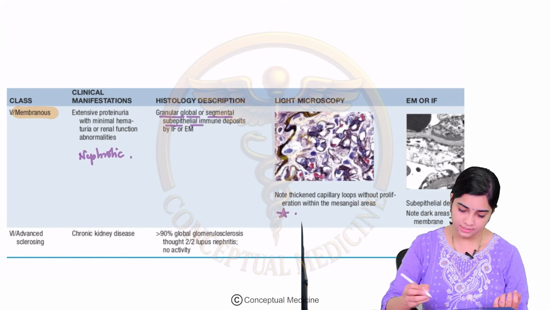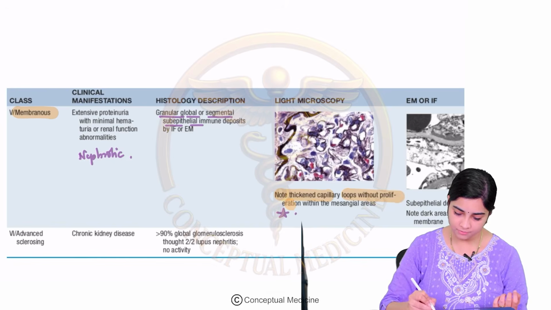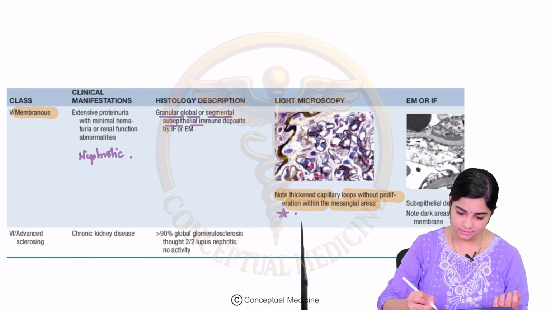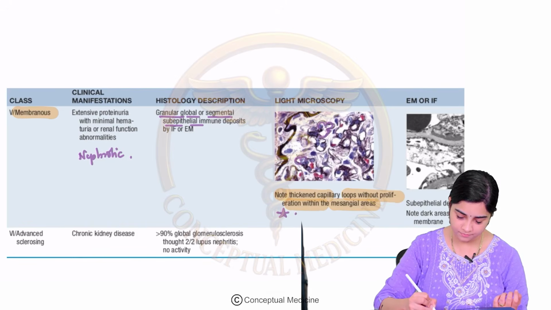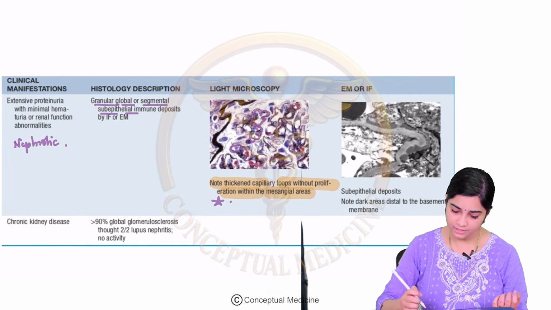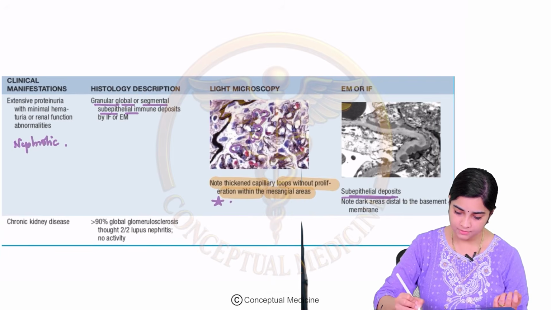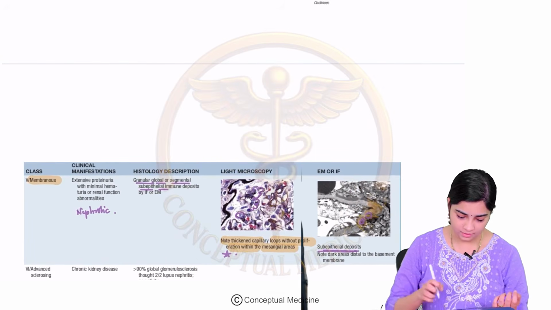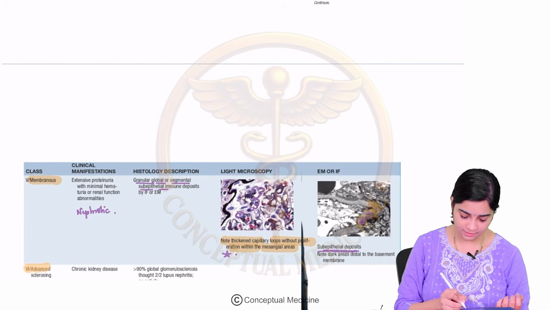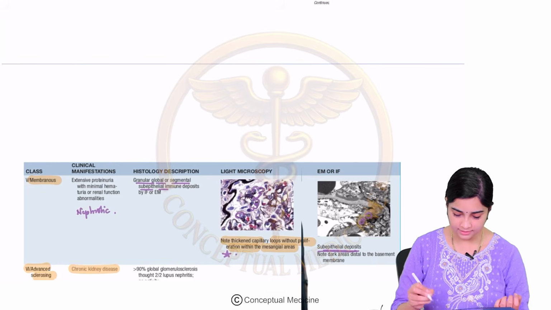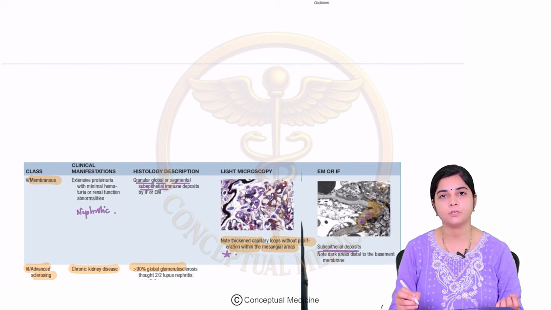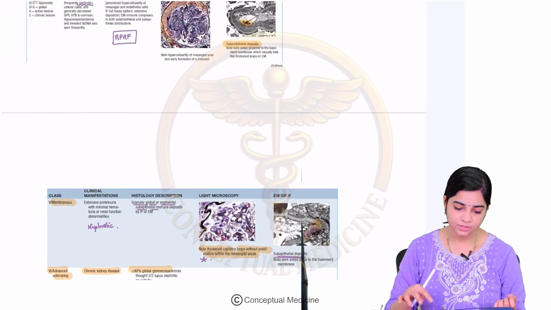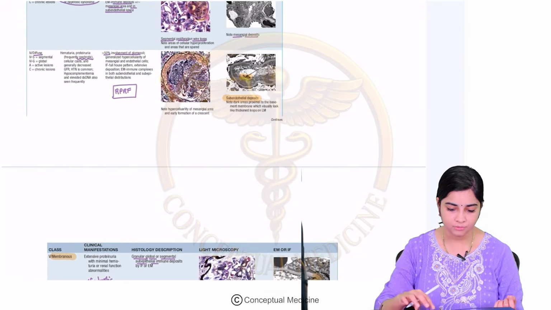Okay, so you can see that there are thickened capillary loops without proliferation within the mesangial areas. Fine, and you have subepithelial deposits, which you can see here. Then class 6 lupus nephritis, there is advanced sclerosis presenting as CKD where more than 90% of the glomeruli are involved. So this is about the various classes of lupus nephritis.